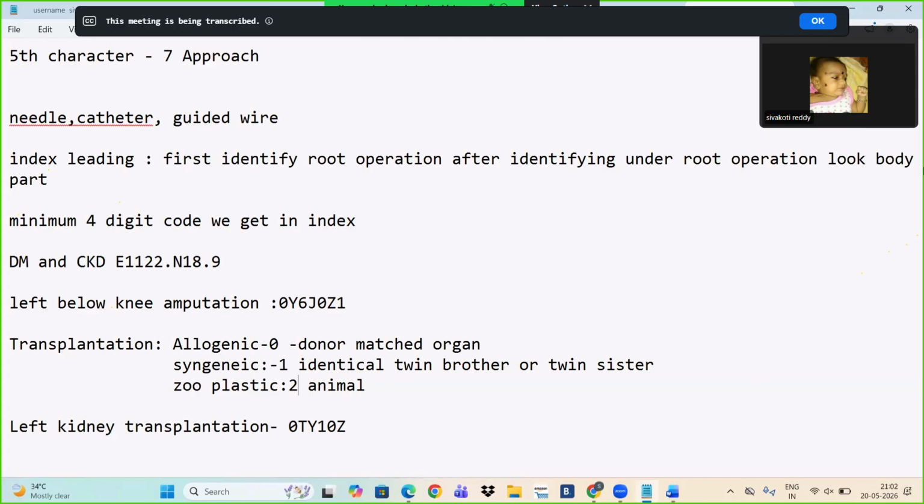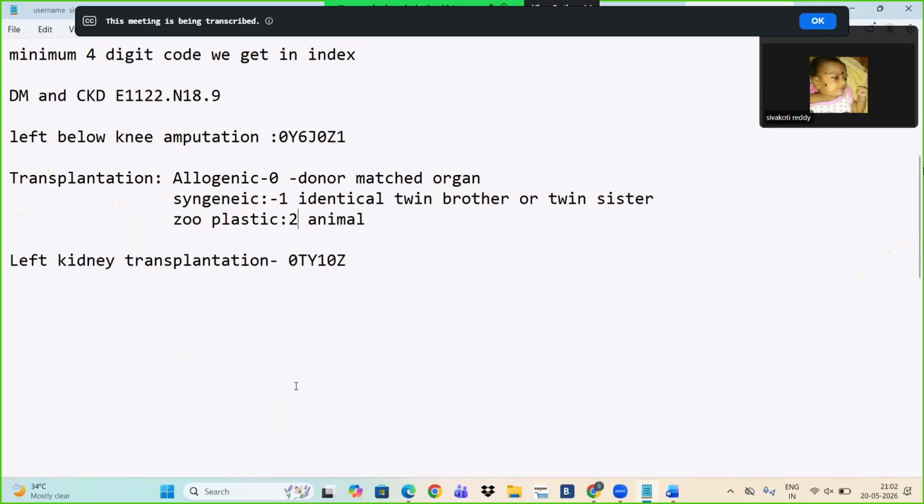Definitely they will document how they transplanted. Compulsorily they will document from where it was taken, who was the donor. Suppose left kidney transplantation from a brain dead person. What is the complete code? 0.